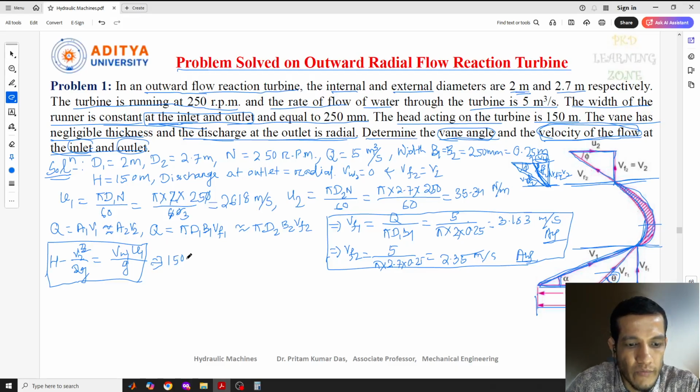So H equals 150 minus 2.35 square divided by 2 into g, and this equals VW1 into U1, where U1 is 26.18, divided by g, that means 9.81.